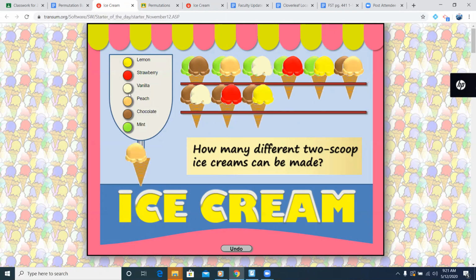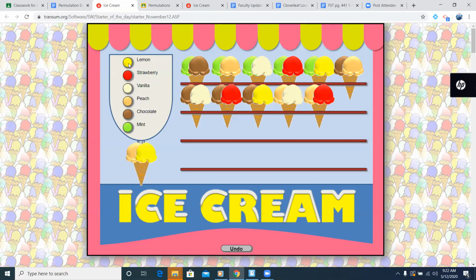Then we'll do peach vanilla, peach strawberry, peach lemon, vanilla strawberry, vanilla lemon, and strawberry lemon.